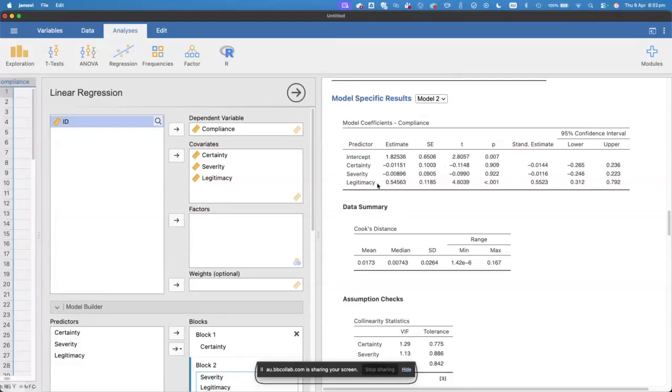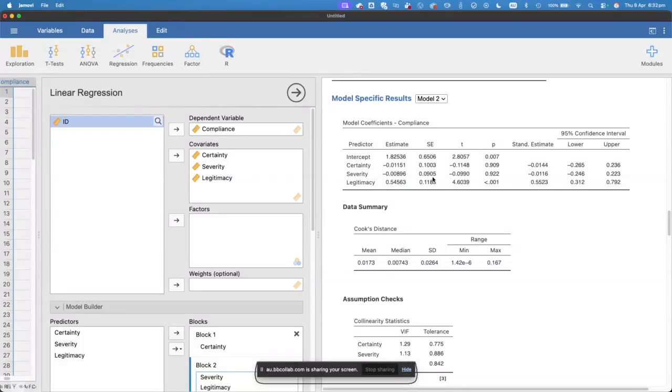So as legitimacy increases, so does compliance. If you want to be precise, every 1 unit increase in legitimacy is a 0.54 increase in compliance.